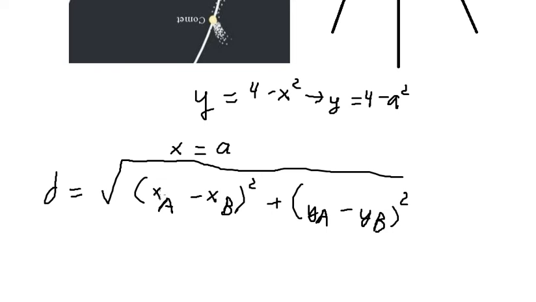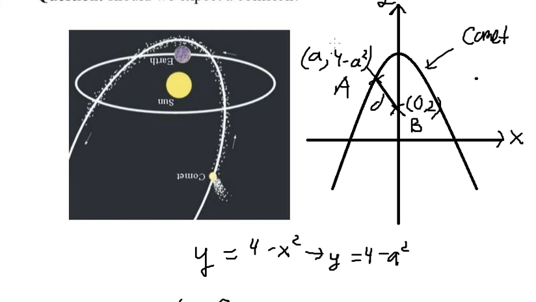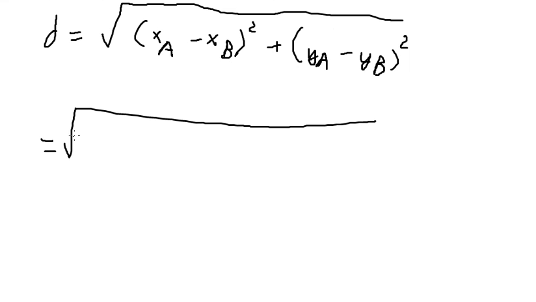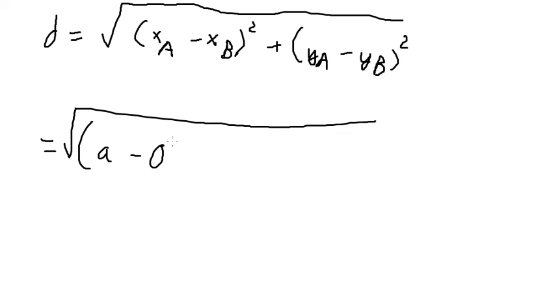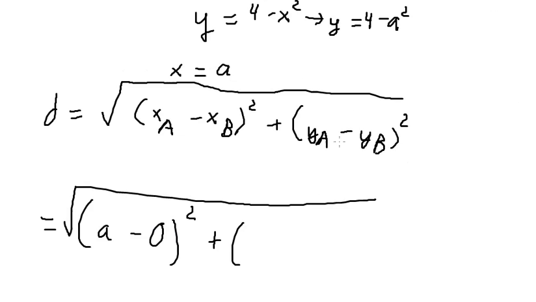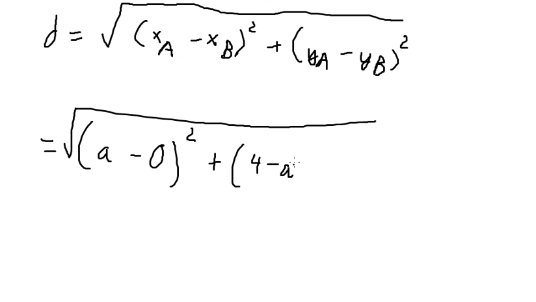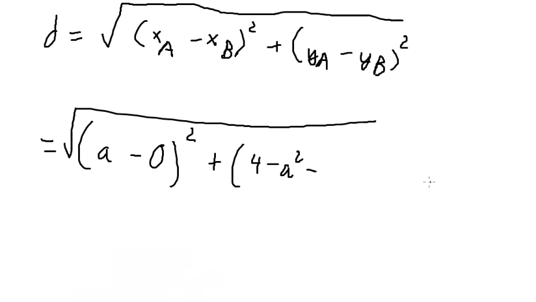So we use the coordinates of a minus the coordinates of b. For xa, we have a in here. For xb, we have 0 in here. Plus ya, that is 4 minus a squared. For yb, that is 2.